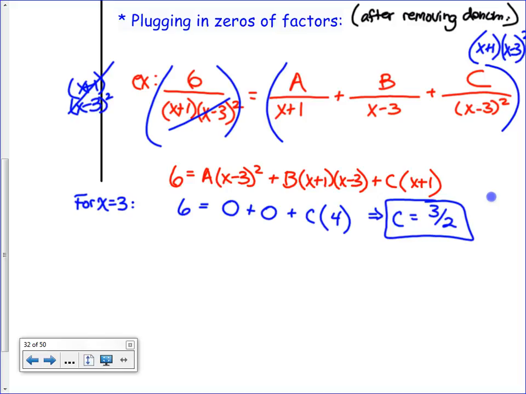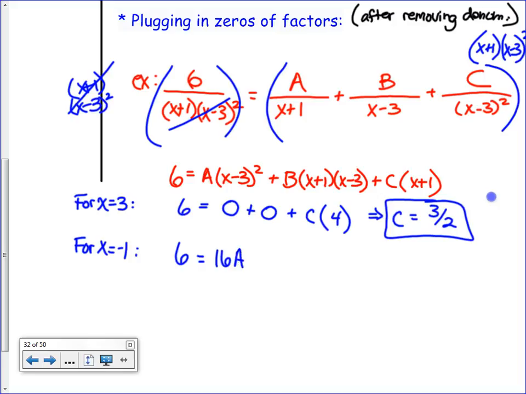What's another 0 I could plug in? 1 or -1. Careful, -1, right? If I plug in -1, well, it's not going to be as nice. But what would I get? 16. Yeah, -1 minus 3, -4 squared, 16a.